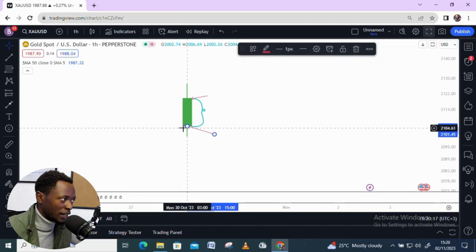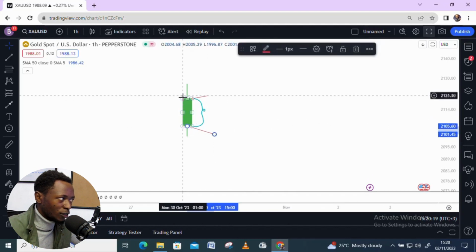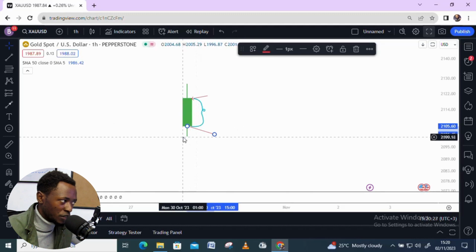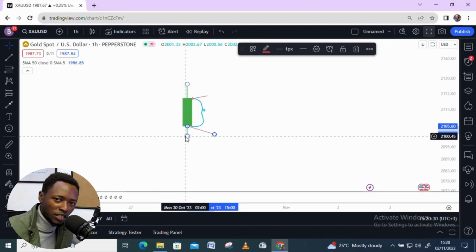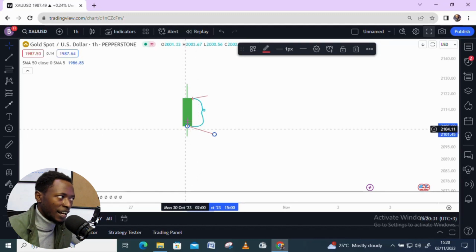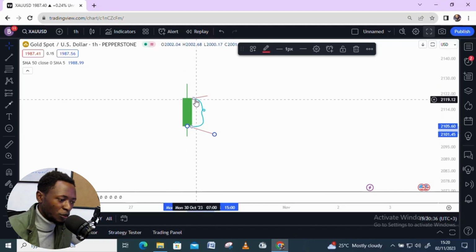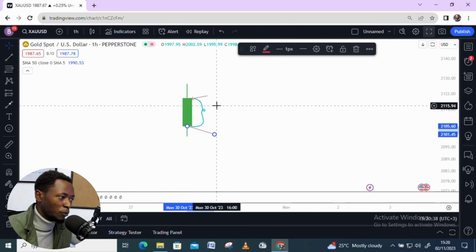This is the close price. And these wicks represent that from the open, price first moved lower to this point. This is the lowest point that price moved, and this is the highest point before the close. So now you understand what a body is and what a wick is.